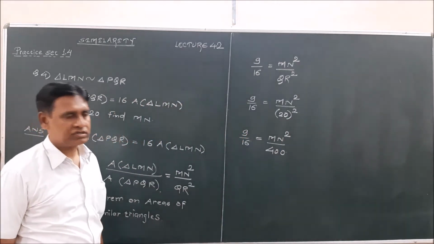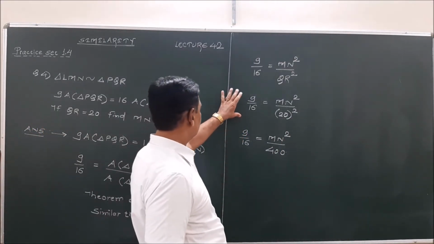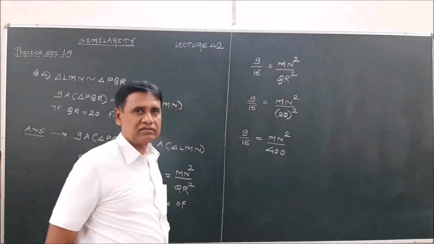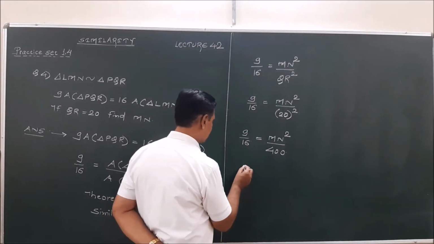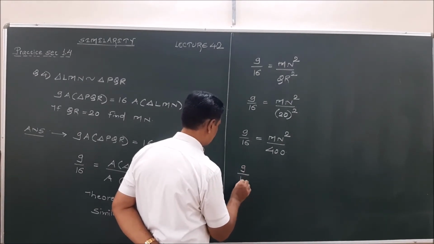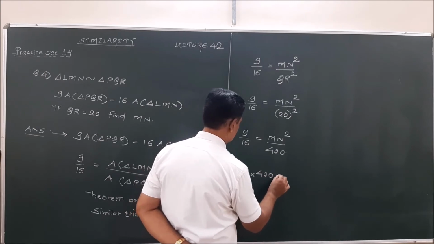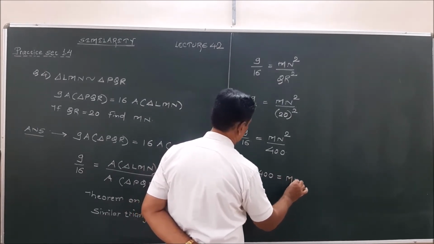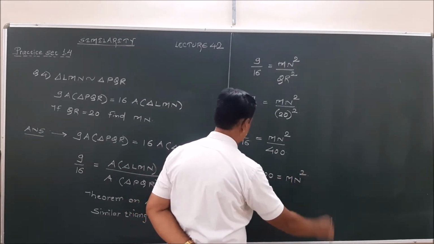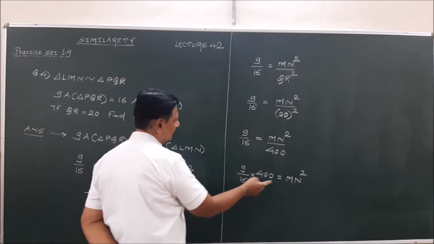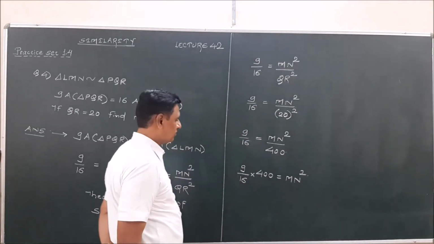Very, very important. So you'll find that 9 upon 16 into 400 is equal to MN square.